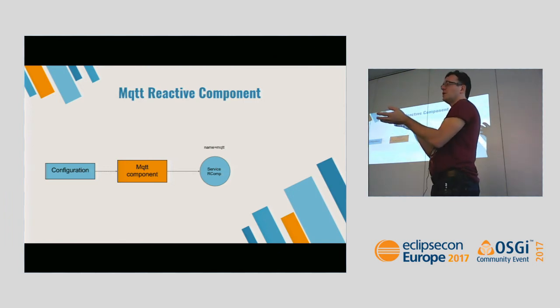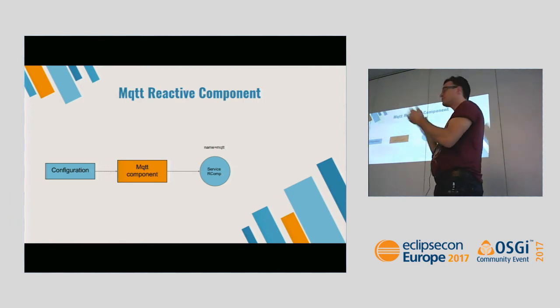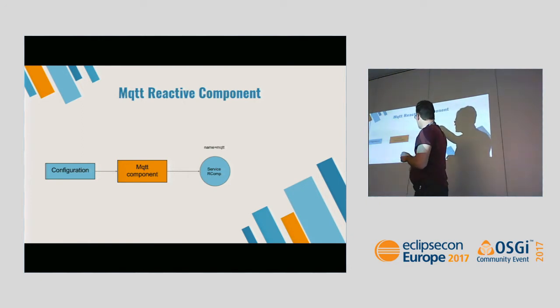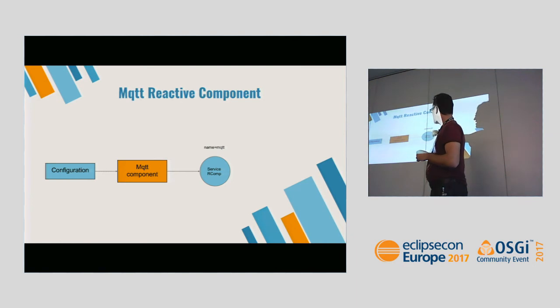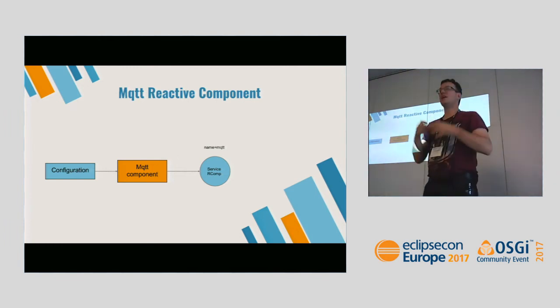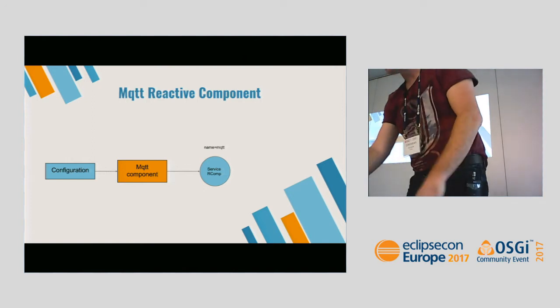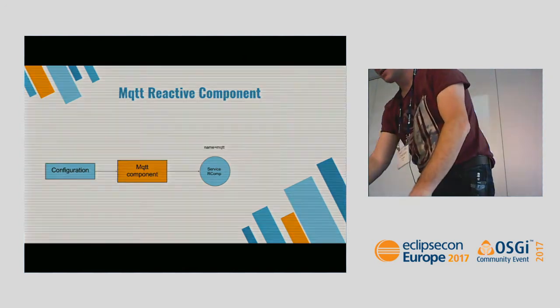You can also make several of them with a factory configuration and say I connect one to this server, one to another server, and it publishes an OSGi service with this interface we just looked at as the service interface, and name MQTT as service properties, so you can relate to it.